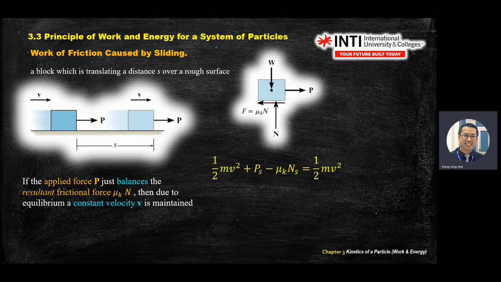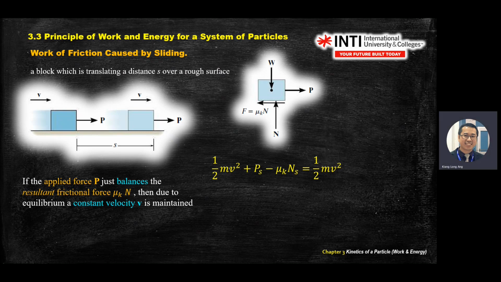Okay, so in this case, I think this one is wrong. There's one notation error there: half mv square, which is the kinetic energy before the motion happened, plus the work done. The work done is P multiplied by S. This should not be a small s; it should be the big S here, because P does work.